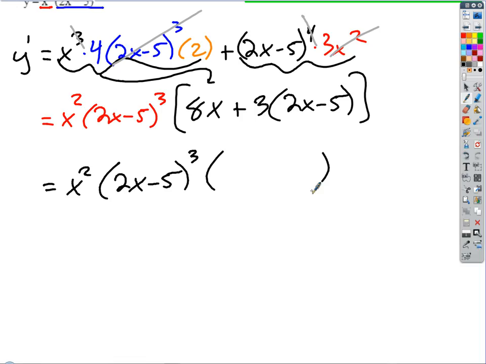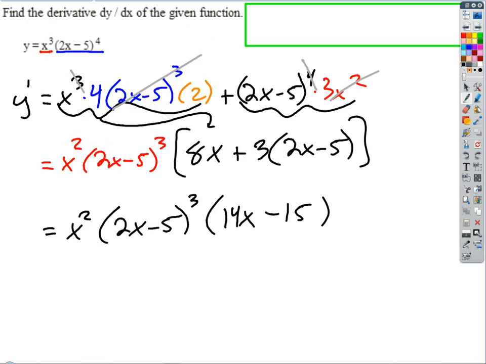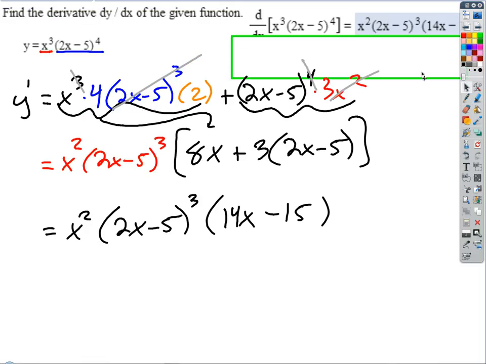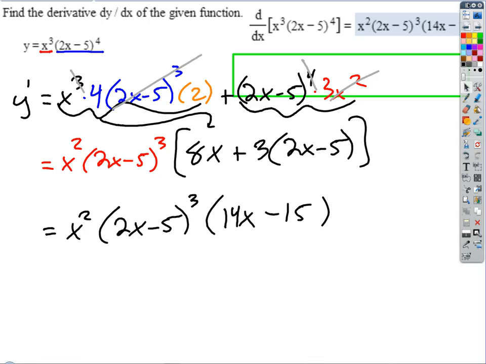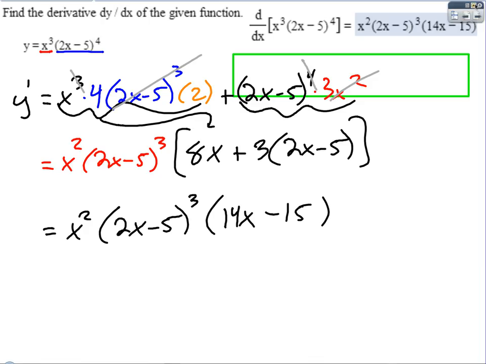How many x's? 14 looks like. 14x minus 15, good. And that should do it. That's it?